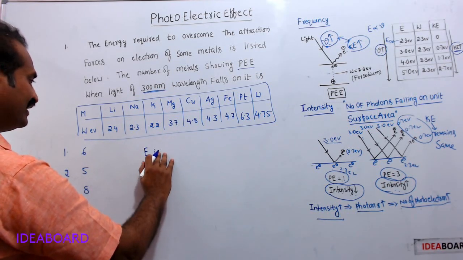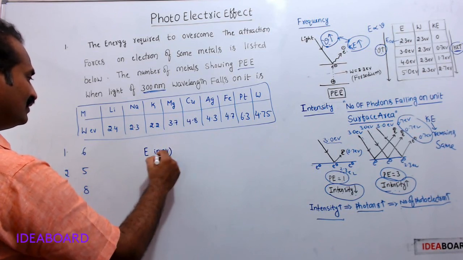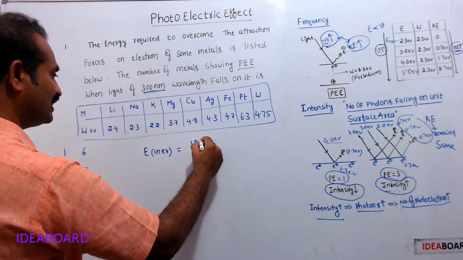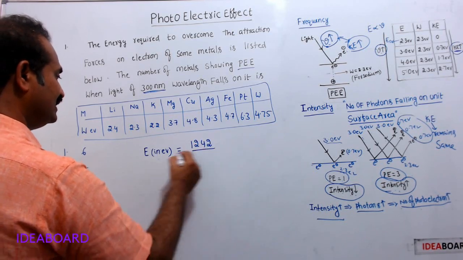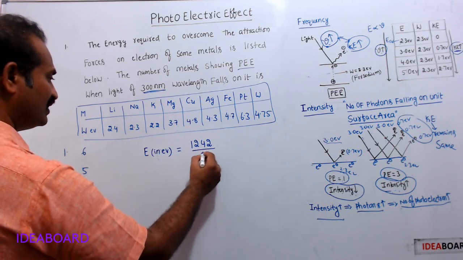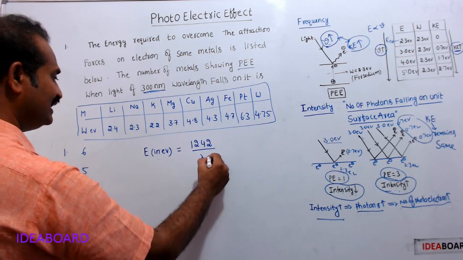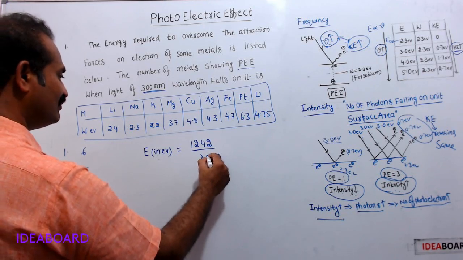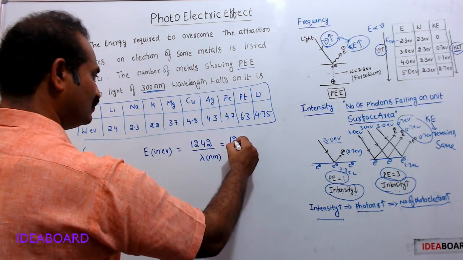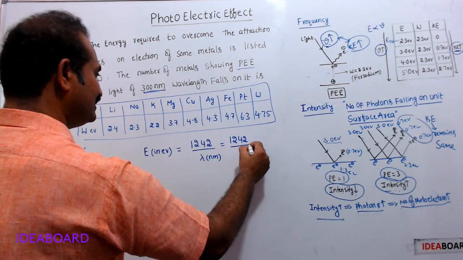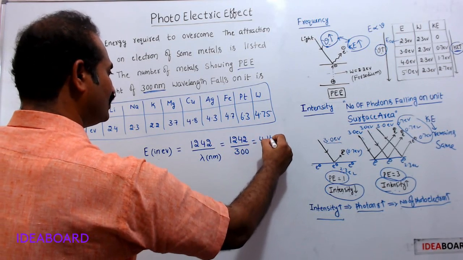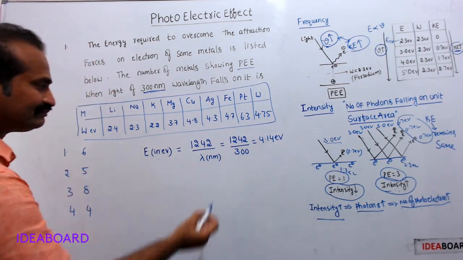Energy should be found in terms of electron volts, and here the wavelength is given in nanometers. The correct formula is E in electron volts is equal to 1242 divided by the wavelength in nanometers. We already discussed this in previous videos. 1242 divided by 300 nanometers gives 4.14 electron volts.